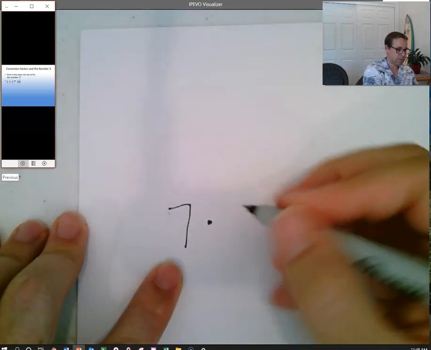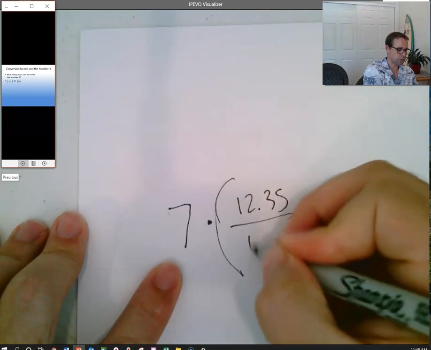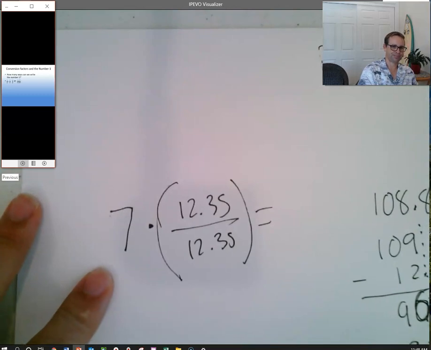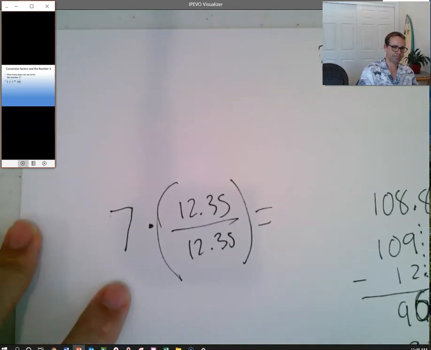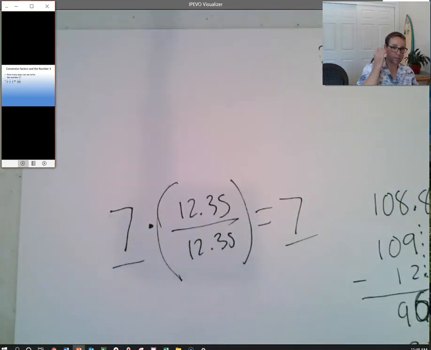So if I take the number 7 and multiply it by 12.35 over 12.35, what is that going to be? 7. That's right. Like you said, it's whatever the number is. Anytime you multiply a number by 1, it doesn't change the amount. The amount's the same.